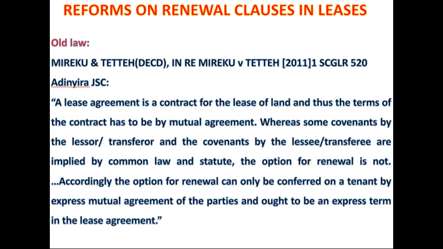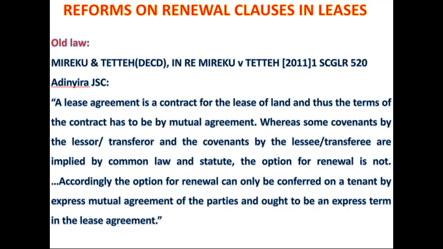a lease agreement is a contract for the lease of land, and thus the terms of the contract have to be by mutual agreement. Whereas some covenants by the lessor or transferor and the covenants by the lessee or transferee are implied by common law and statutes, the option for renewal is not. I'll take that portion again.